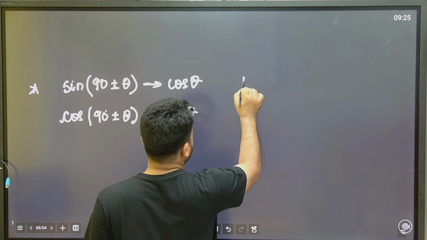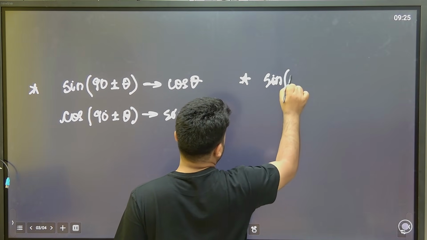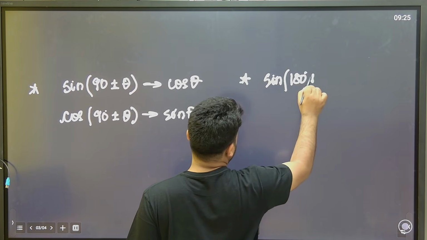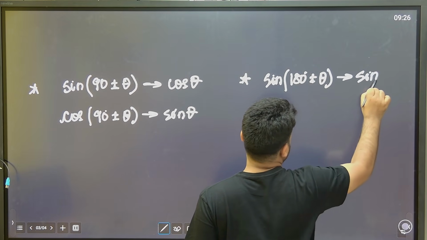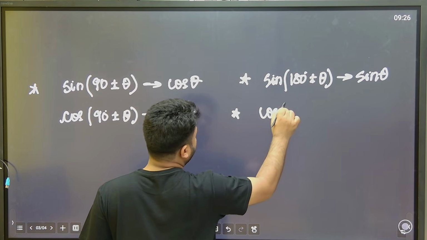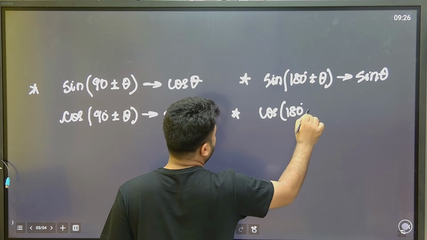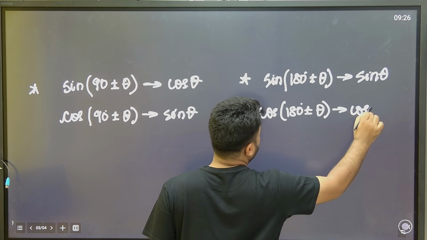Similarly, sine of 180 degree plus minus theta is sine theta only, and cos of 180 degree plus minus theta is cos theta only.